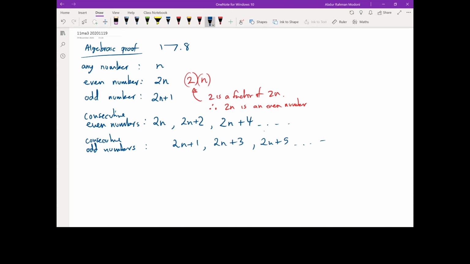So we know how to write consecutive even numbers, consecutive odd numbers. But what if they ask you to write down any 2 even numbers? When they talk about any 2, they're not talking about consecutive. They are referring to any 2 even numbers. So I could say 4 and then 14, or 24, or 36, anything. So how would I write any 2 even numbers? Well, one of them would be represented by 2n. What would be the other one?